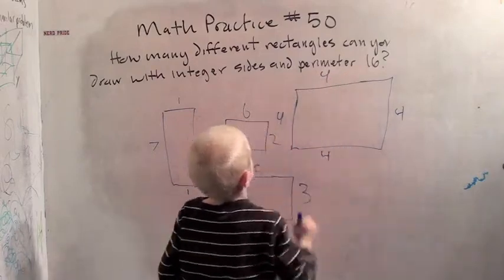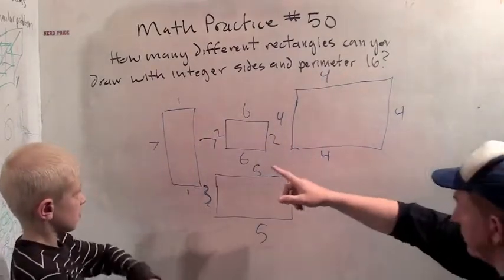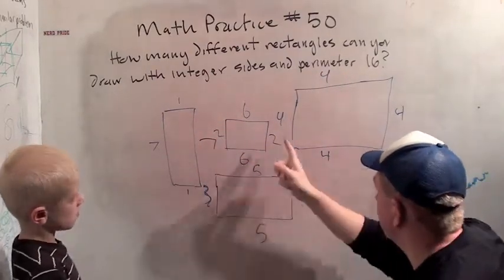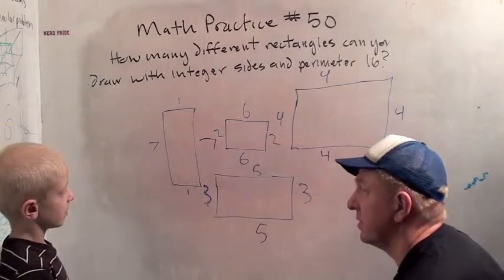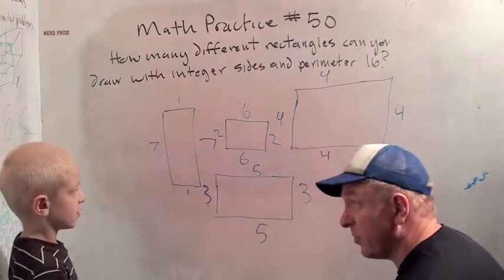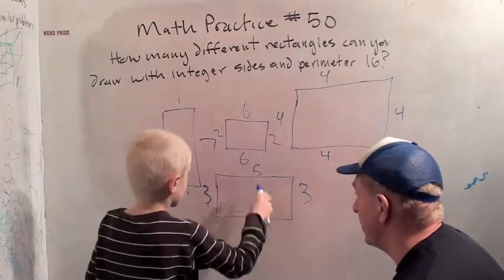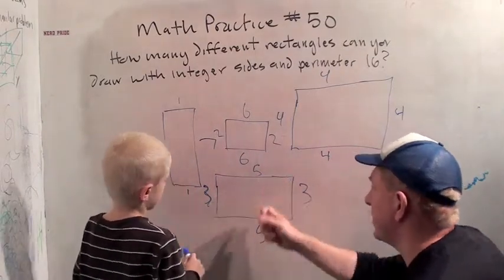Now we're almost out of room on the board. The next rectangle, you started with 1, then you went to 2, then you went to 3, then you went to 4. What's the next one you're going to get to? 5. Have you already drawn a rectangle with 5? Yeah, this one you've already done the rectangle with 5.